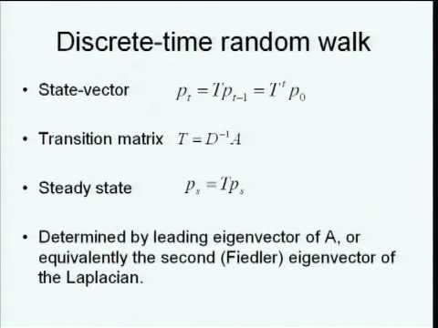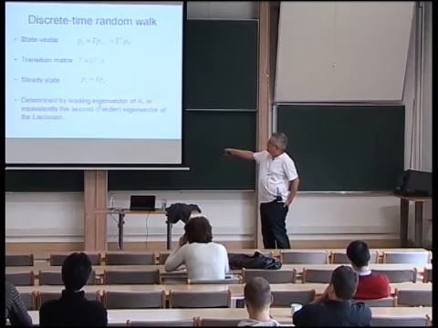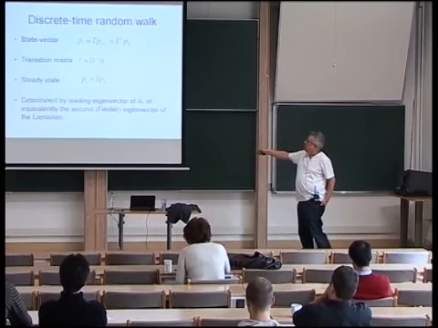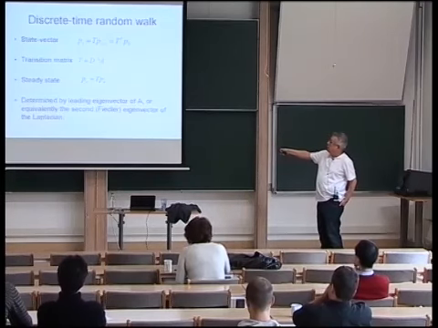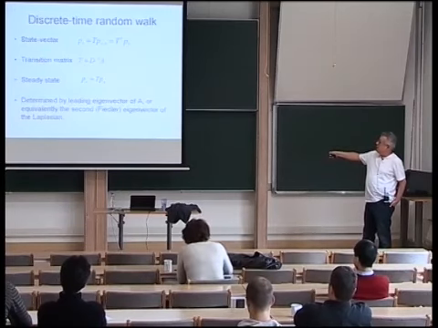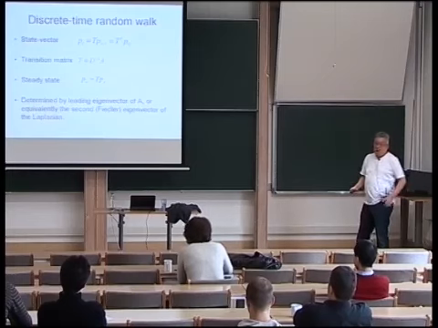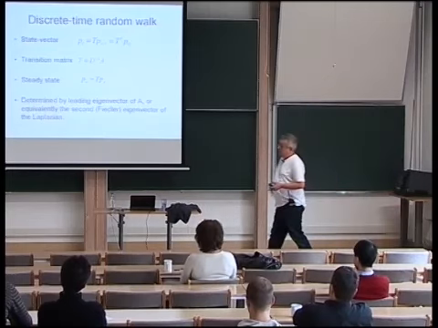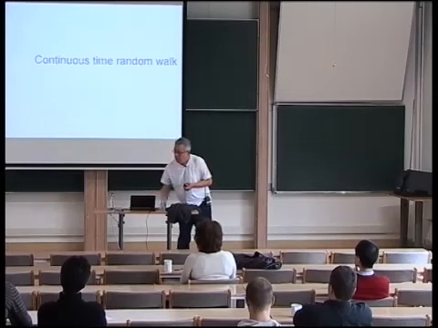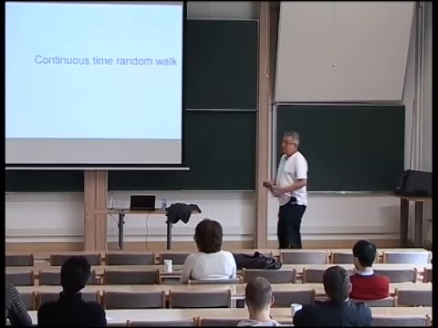This transition matrix is just the inverse of the degree matrix times the adjacency matrix. And the steady state of the discrete time random walk just satisfies the equation P_s equals T times P_s, and this is determined by the leading eigenvector of the adjacency matrix, or equivalently the Fiedler vector of the Laplacian.